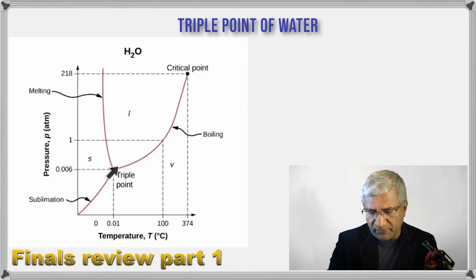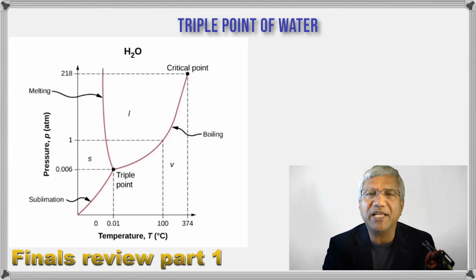Similarly, you have the boiling curve here. So the boiling curve, you know that the boiling point of water is 100 degrees Celsius, yes, but that is if the pressure is 1 atm. That means if you increase the pressure of water, it's going to boil at a higher temperature.